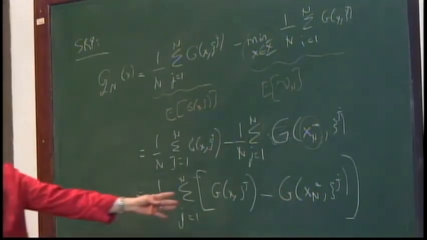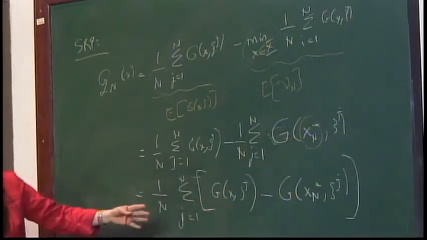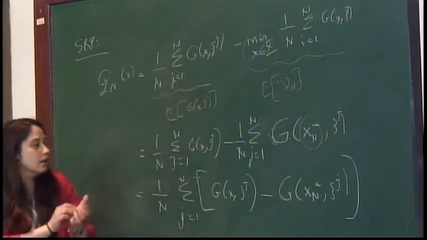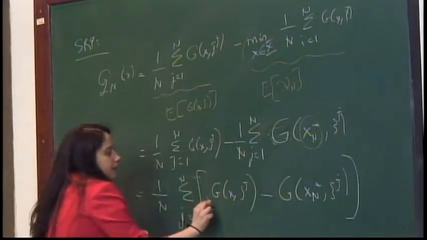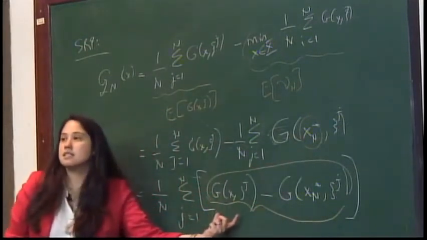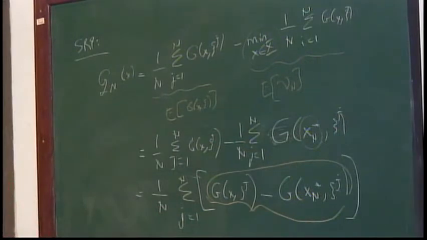can you see something here? What is this looking like? It's looking like a regular old expectation, where each individual observation is this difference. Are you with me? Okay. So let me ask you a question.